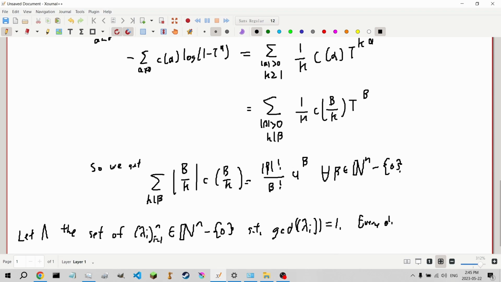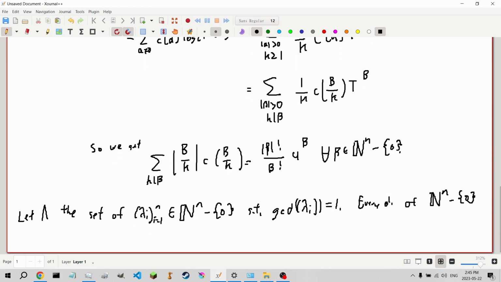Every element of the naturals to the n minus 0 can then be written uniquely as m lambda, where little lambda is in big lambda, and m, of course, is going to be the GCD of all the components.